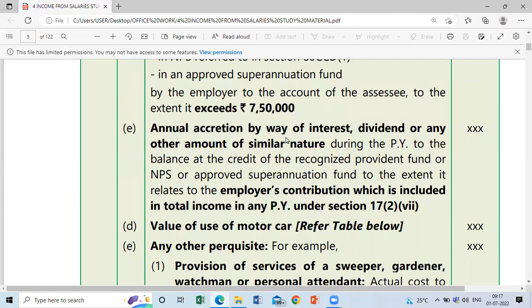It is not a perquisite. It is not a taxable perquisite. The moment I take a loan of more than 20,000 from my employer at concessional rate or at interest-free rate, then it becomes taxable. Point to be noted. Loan is not taxable. Interest on loan is taxable.